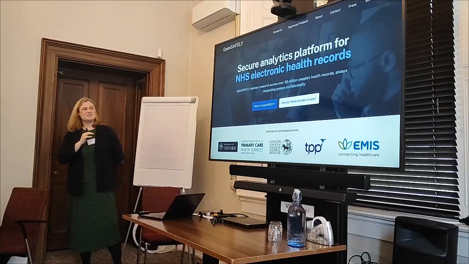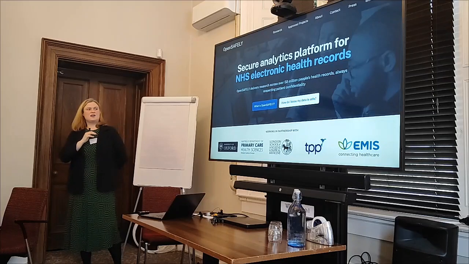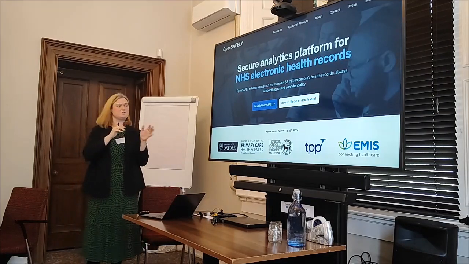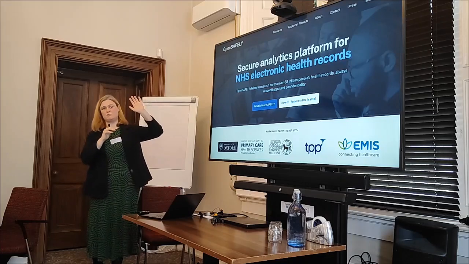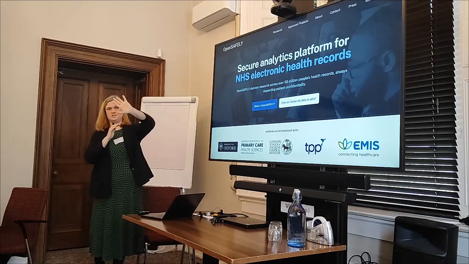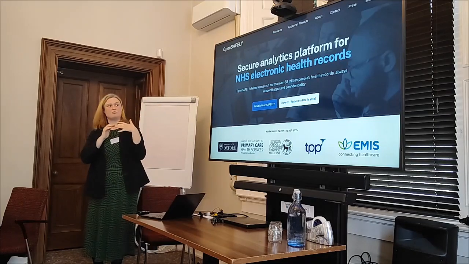So he has a series of open tools where you develop and curate your code using dummy data to complete your analysis, and then you push it to the data, and the data never leaves the GP software system, TPP, and all of the linkages, including the hospital episode statistics and ONS mortality data, are done by the software company, and you push code to the software company's data centres, it runs the analysis, and you get the output from that.